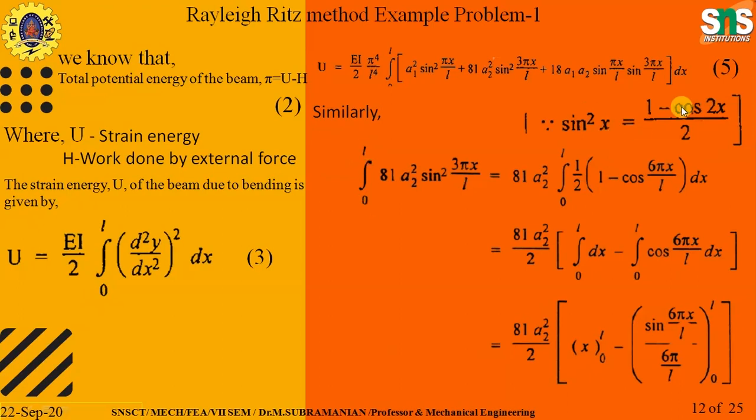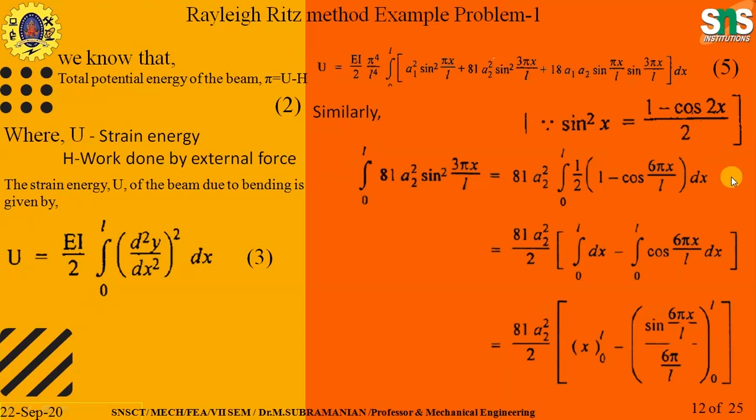So sin squared x equals (1 minus cos 2x) divided by 2. So 1 by 2 is common, this constant I am taking outside. So 1 minus cos(6 pi x divided by L), since 2 into 3 is 6.